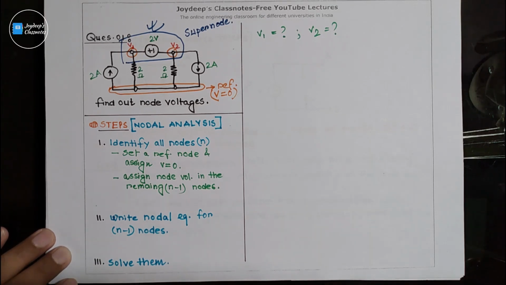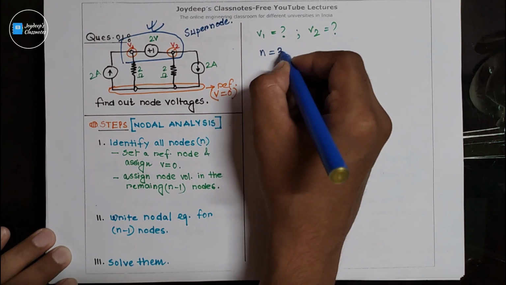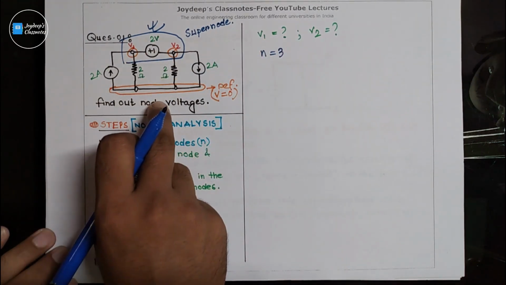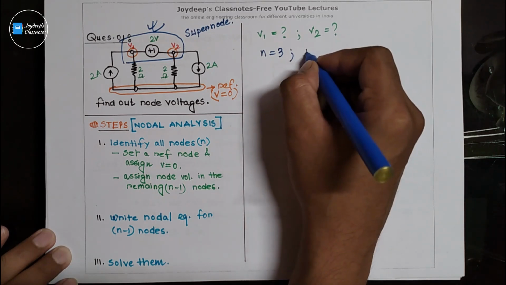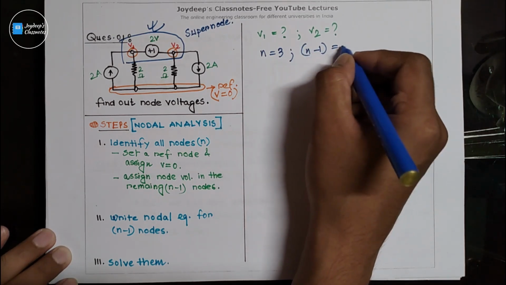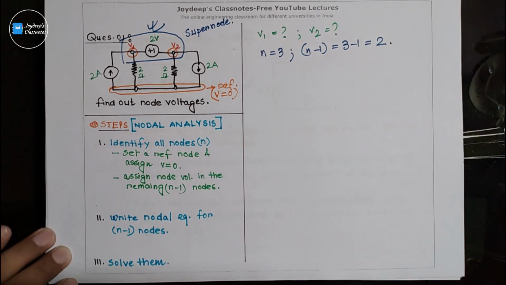Step 2: write down the nodal equations for n minus 1 nodes. What is n minus 1? Over here n equals 3, so how many nodal equations will we have? n minus 1, that is 3 minus 1 equals 2 nodal equations.